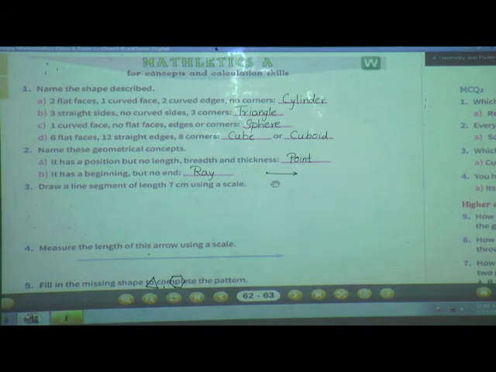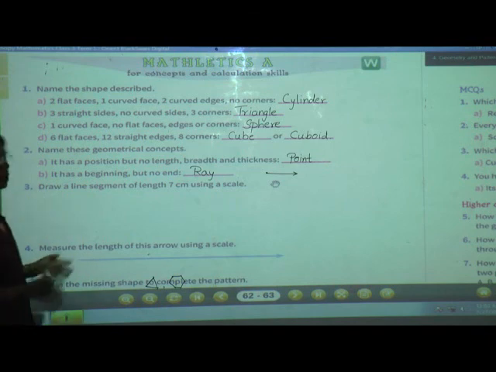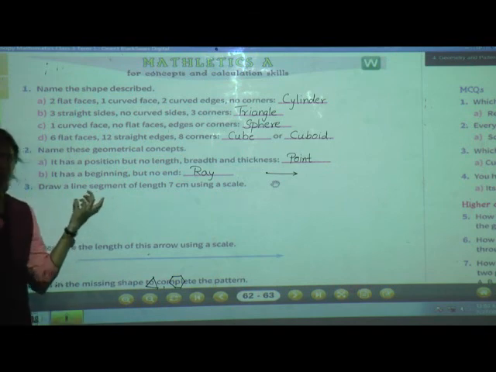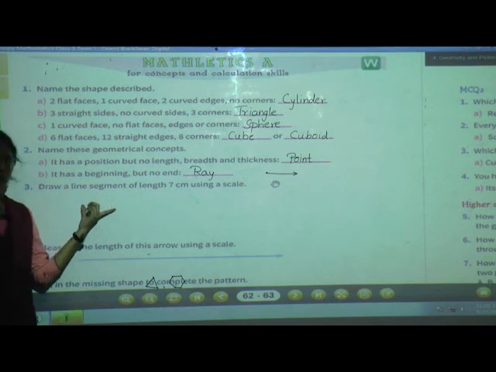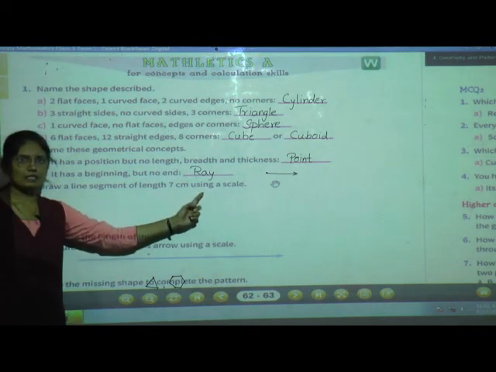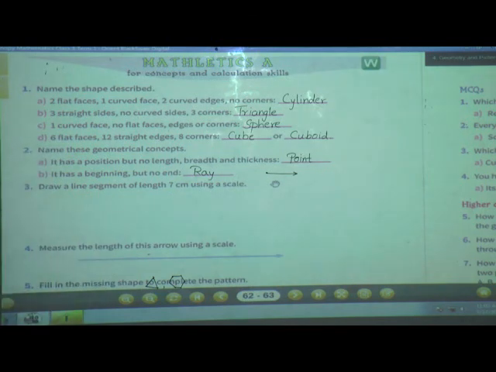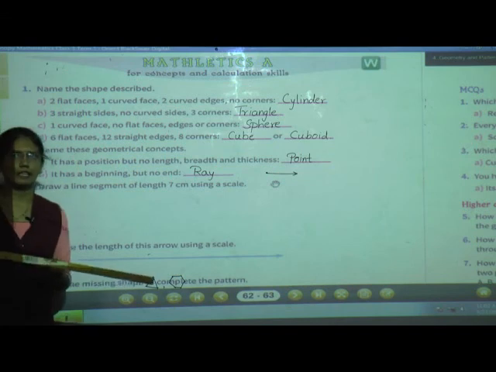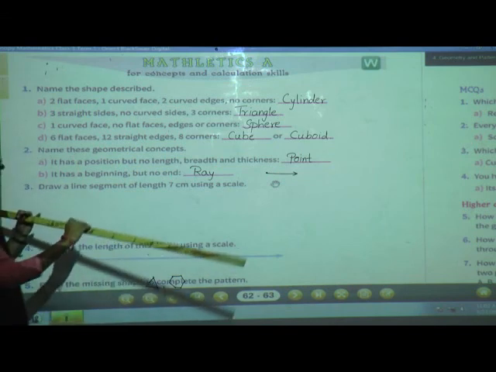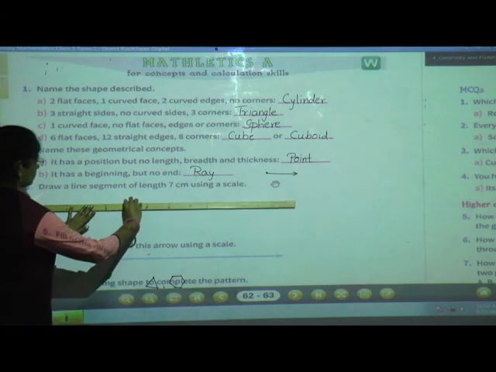Now see the third one. Here you have to draw a line segment of length 7 cm using a scale. Students, along with me, draw in your textbook a line segment of 7 cm. For that, take a scale in your hand and keep it on the page.